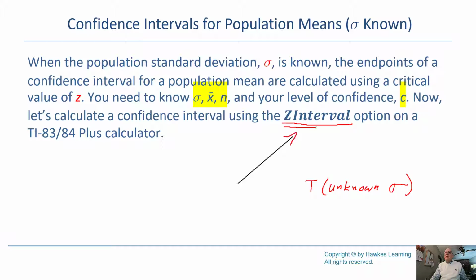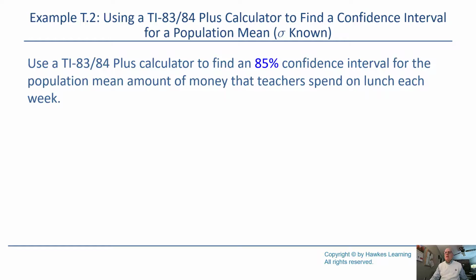They're very close to each other too. So let's suppose you want to find an 85% confidence interval for the mean amount of money teachers spend on lunch each day.